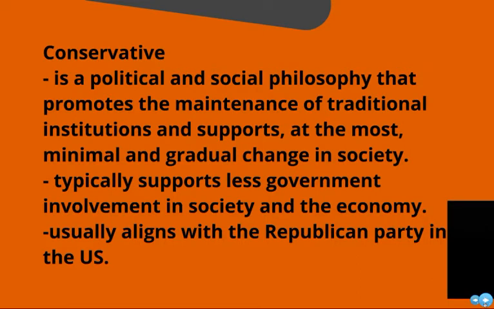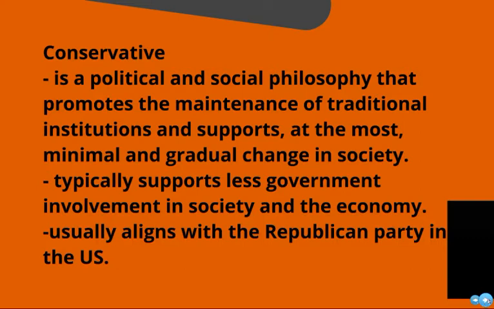And usually, most conservatives do not want any kind of societal change, and if they do, they want to keep that change to a minimum or to make it very gradual. Typically, conservatives also support less government intervention, particularly in the economy, but also oftentimes in other parts of society. And usually in the United States, conservatives align themselves with the Republican Party. So that's what it means to be liberal and conservative.